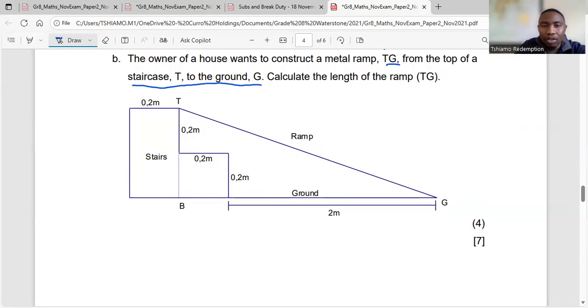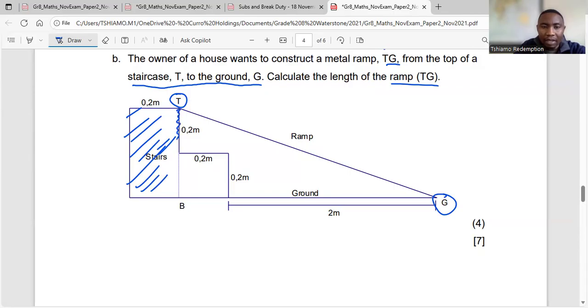So T to G, from here to there. Calculate the length of the ramp. So the ramp is this one. And then we get this part here. So this part is the stairs.